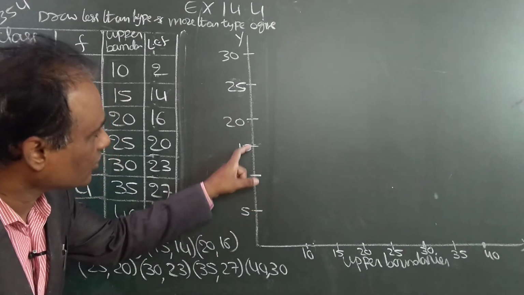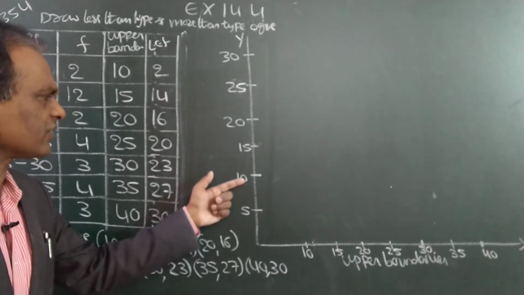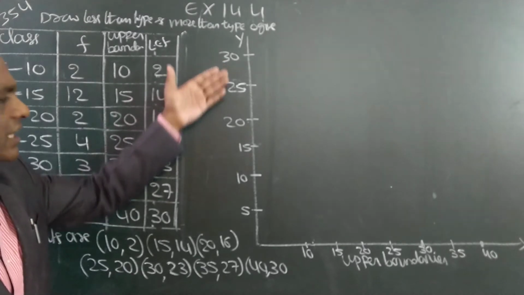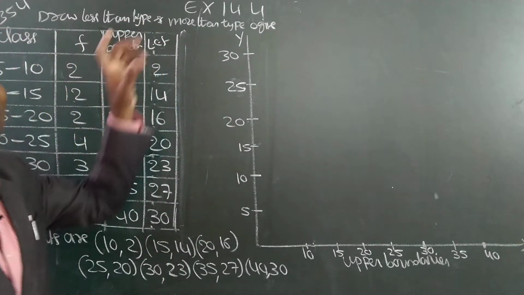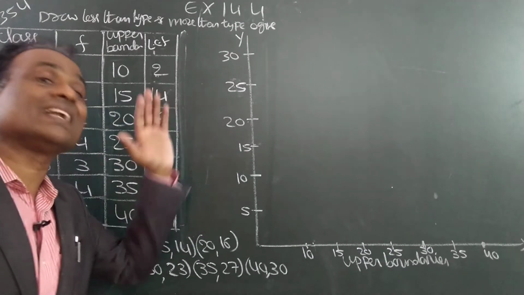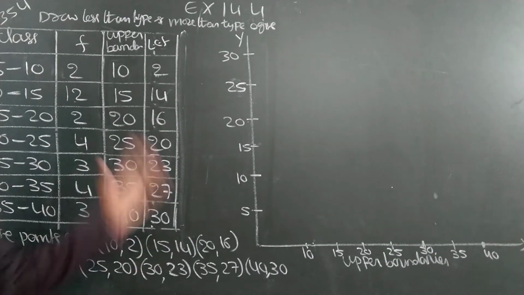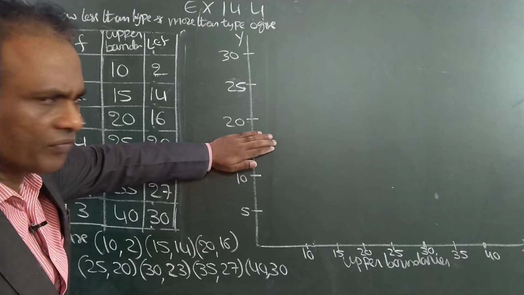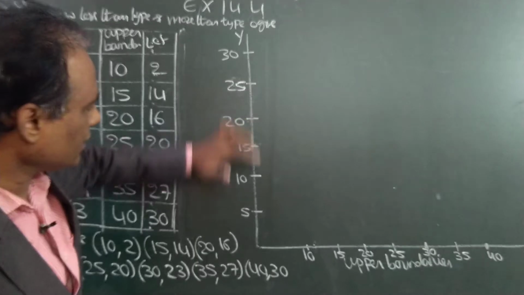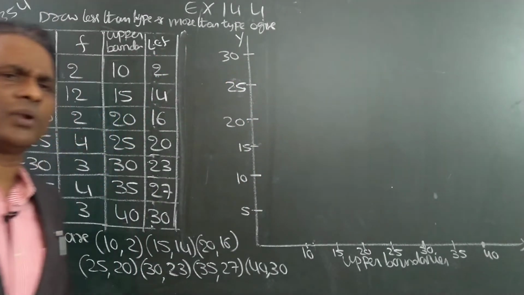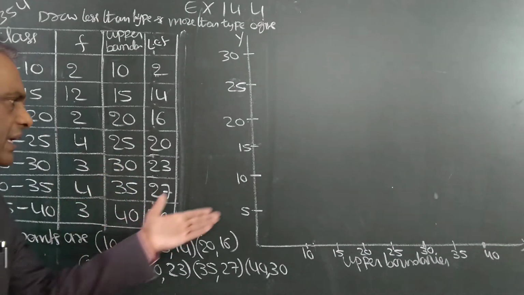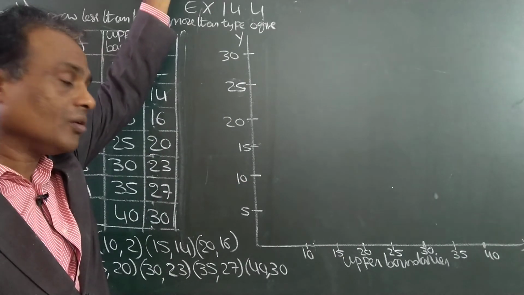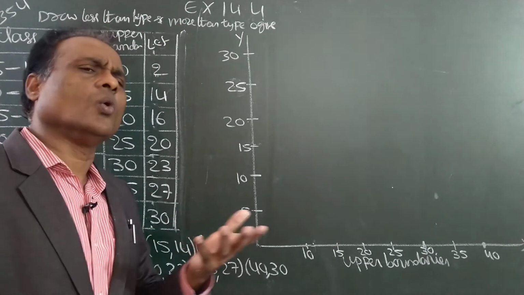Big boxes can be taken as 5, 10, 15, or you can take 10, 20, 30 also, no problem. But because only small numbers are there, up to 30, I divided with a 5 difference. In the previous case, we used a 10 difference. As per your convenience. In the last problem I wrote every 10, 20, 30 up to 90.